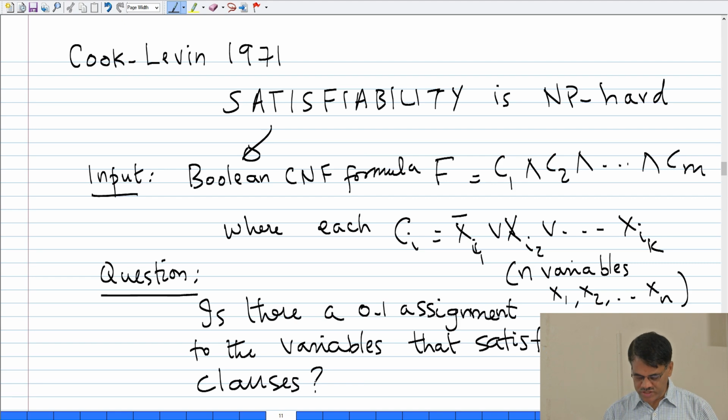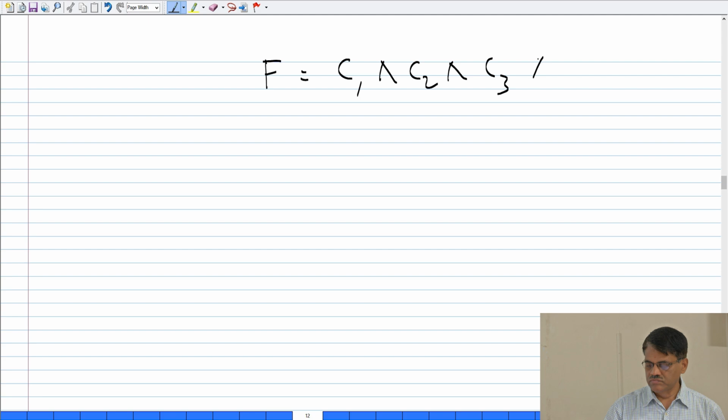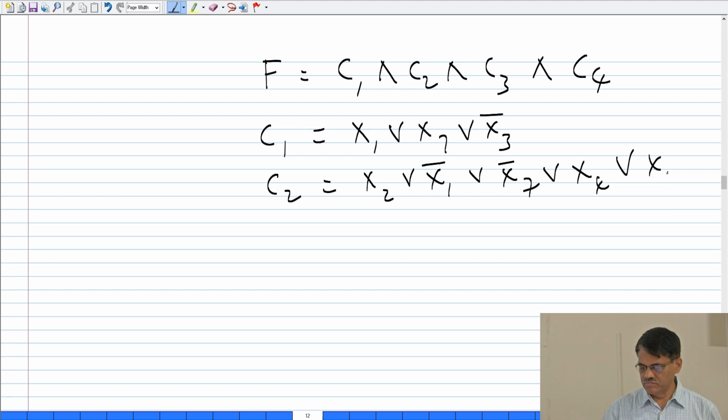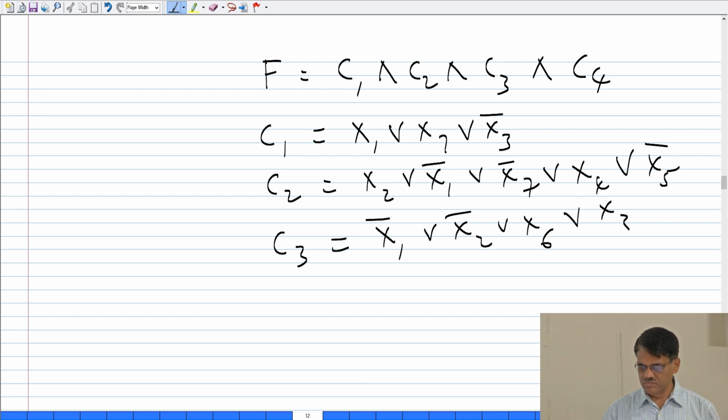An example would be something like this. It has 1, 2, 3, 4, 5, 6, 7 variables and 4 clauses. So, I have to write one more clause.